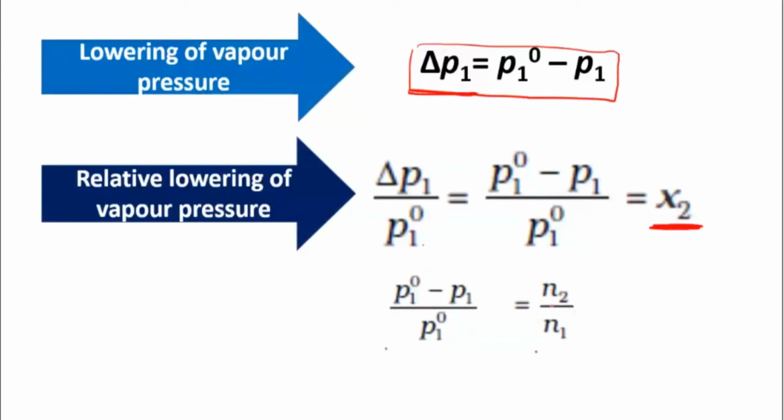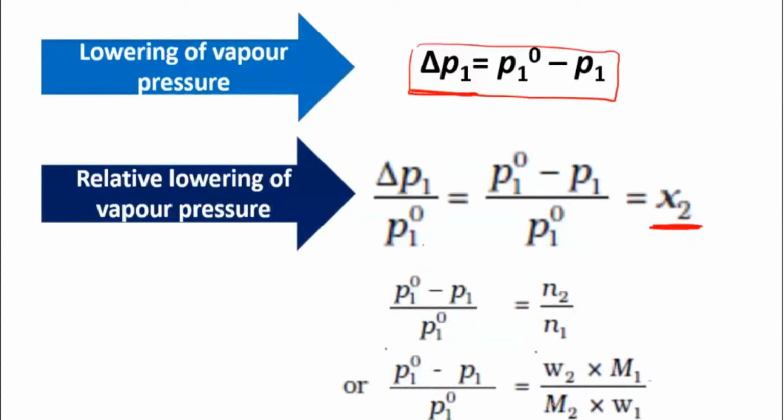Then substituting for the number of moles, you get W2 into M1 divided by M2 into W1. You can make a note of these formulas. At the end, you can write this. Yes, we'll go for working out the problems now.